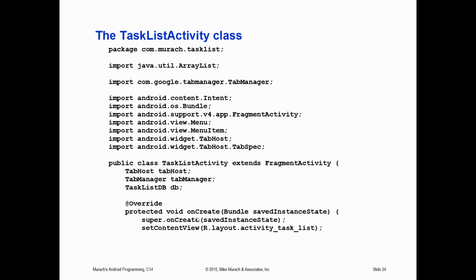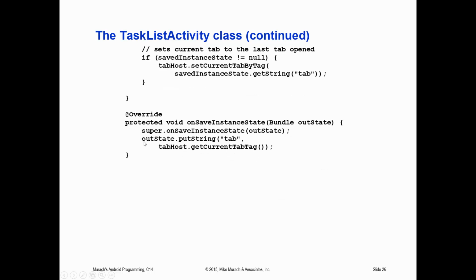If the add task item was selected, then we create an intent for the add edit activity. The next statement will store the current tab, and the third statement will use an intent to start the add edit activity. If delete was selected, the code hides all the tasks that have been marked as complete. After updating the database, the code refreshes the task list accordingly.